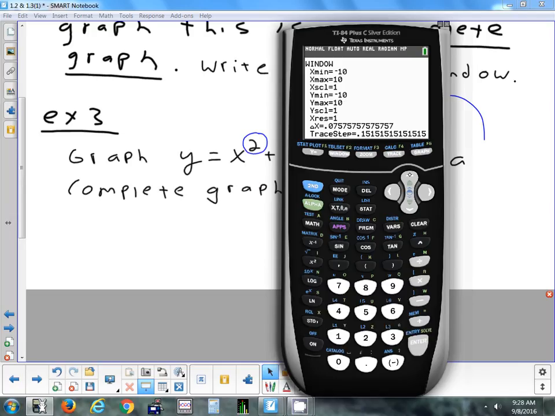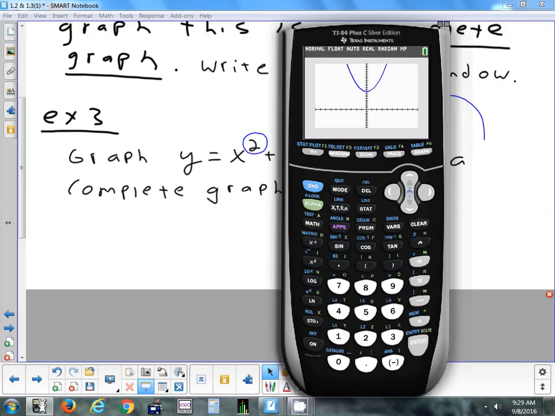Okay, so there's your standard window. But what value should I change here so I can see the parabola? Yep, John? Y max. Yeah, y max. And what do you think a good value would be? 25. Yeah, 20. There might be multiple answers here. I'd say 20 would probably work. 25 will work. Nothing very interesting is going to happen if you keep setting the y max higher.